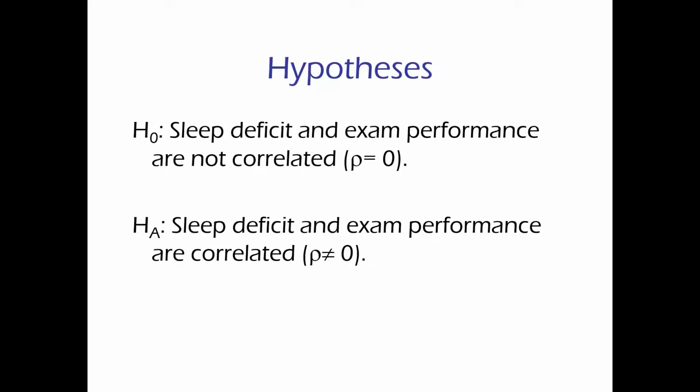We use rho in our hypothesis because it's the relationship in the population that we are interested in. In our case, we collected a sample from the population and we want to use the correlation coefficient estimated from our sample, which is R, to get an idea about rho in the population.